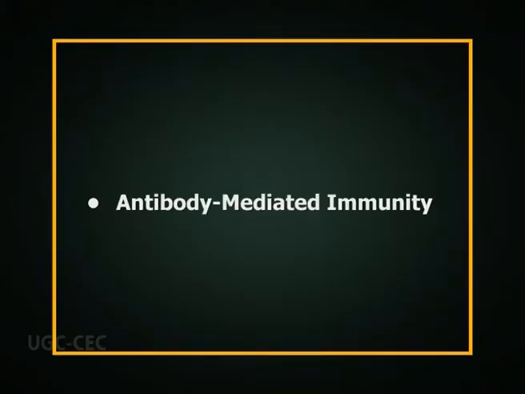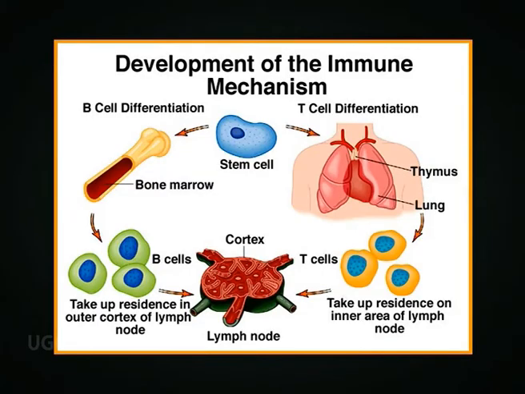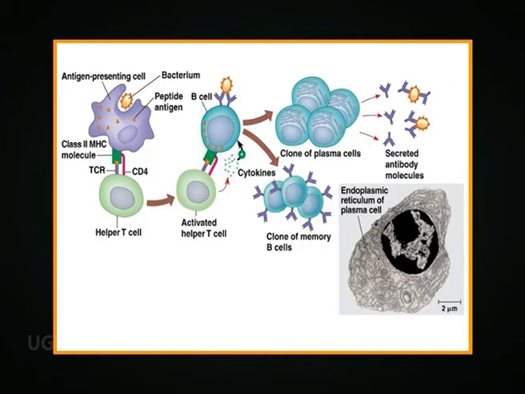There are two different forms of the immune system. One, antibody-mediated immunity, which is also called humoral immunity, in which specific proteins, the antibodies, are made when foreign antigens are detected. An antigen is any macromolecule that elicits the formation of an antibody and that can subsequently react with an antibody.